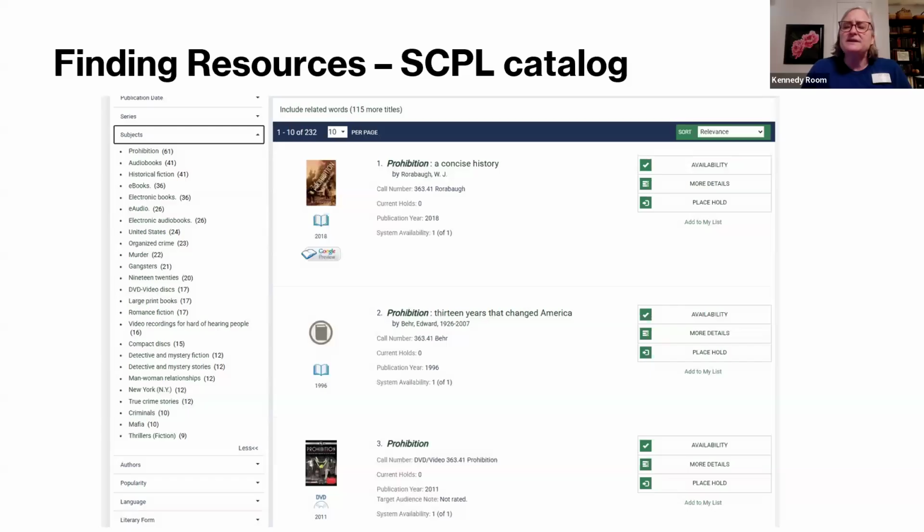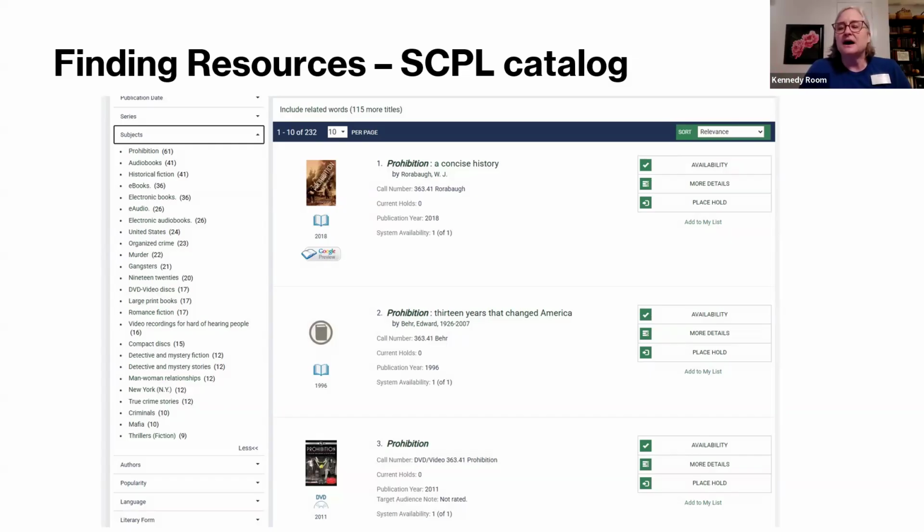We do not have the wider histories of prohibition in our Kennedy Room collection because we just collect Spartanburg County and South Carolina adjacent regions. So ours are regionally focused, but we do have a number of resources on prohibition in the upstate of South Carolina, Dark Corner, and things like that.